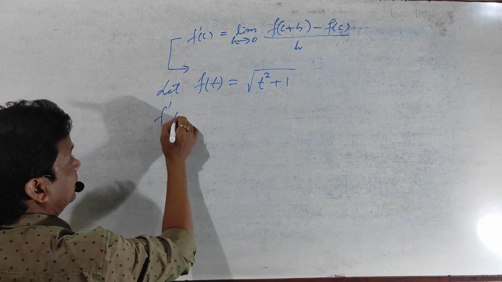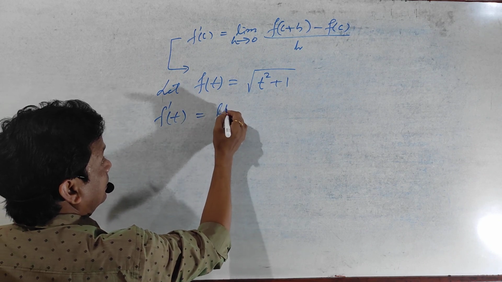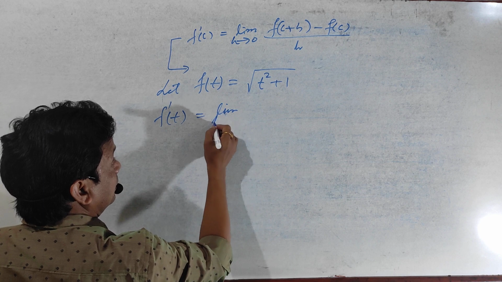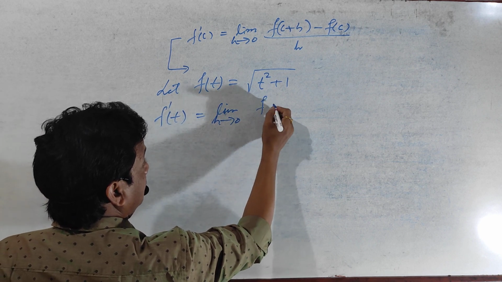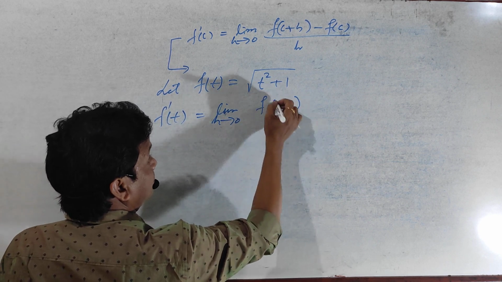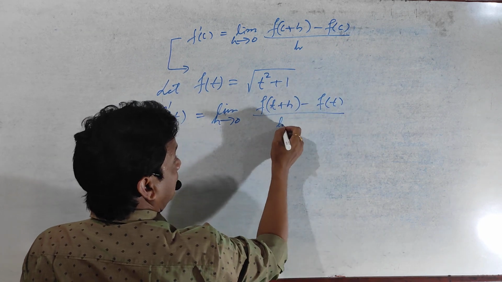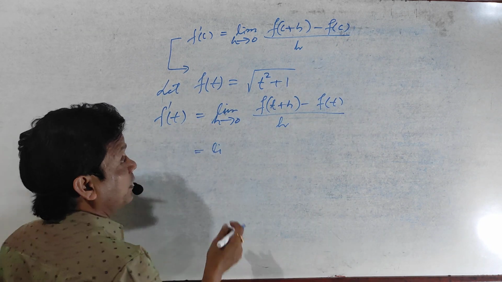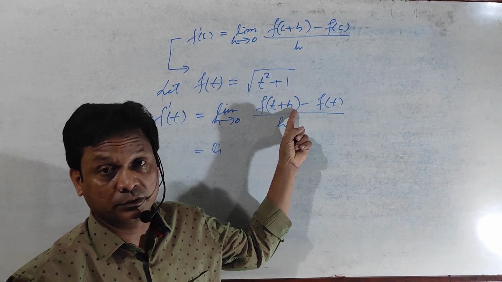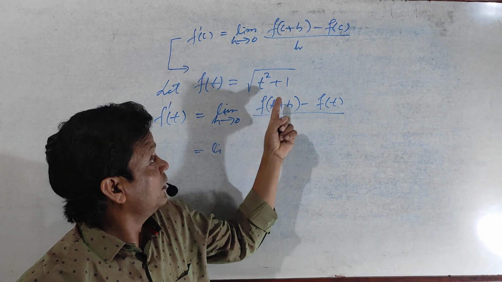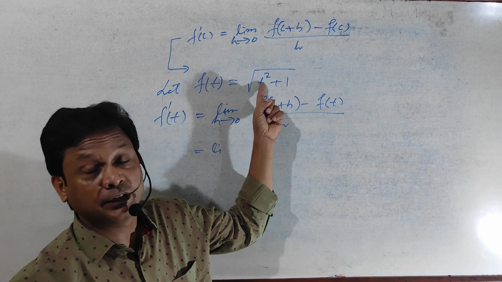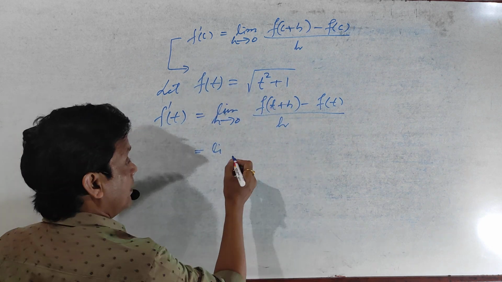Now f dash t, limit h tends to 0, f of t plus h, not x plus h, minus f of t divided by h. Mindfully you should write t plus h, not x plus h. If there is t, you should write t plus h. If there will be theta, theta plus h.